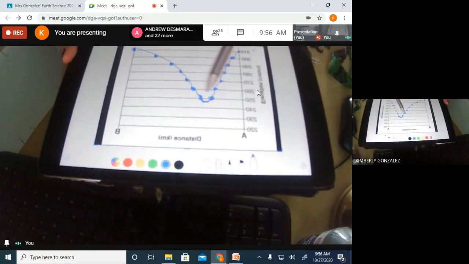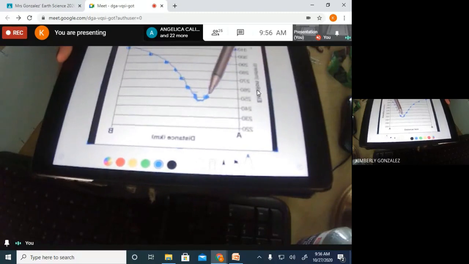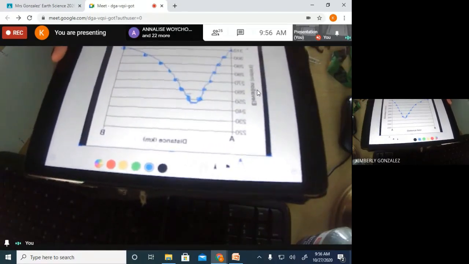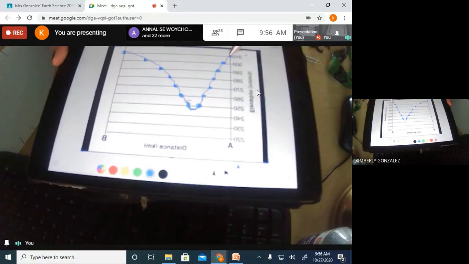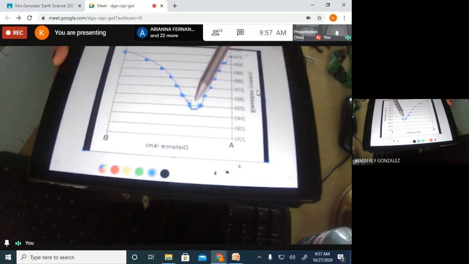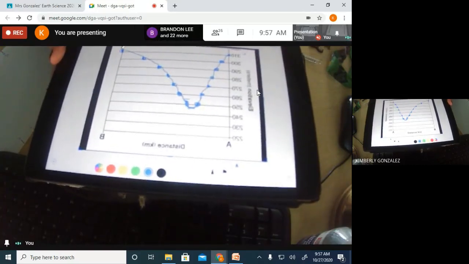The ones that have two of the same value, you do not put a straight line. You follow the same trend you were going. So in this case, we started at 310 and went all the way down to 250. We're going to keep going down past 250, but not hit 240 and then come back up.